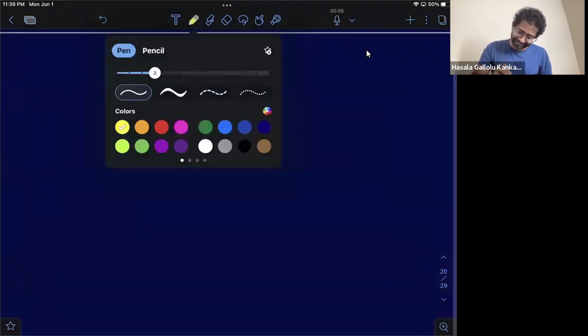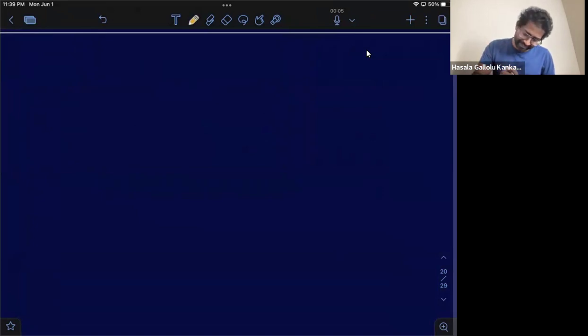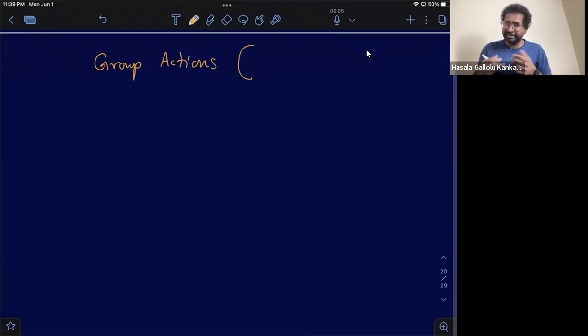Let me tell you, this is very interesting. Sometimes we can call it group actions, or the same thing in a more descriptive way, the action of a group on a set.